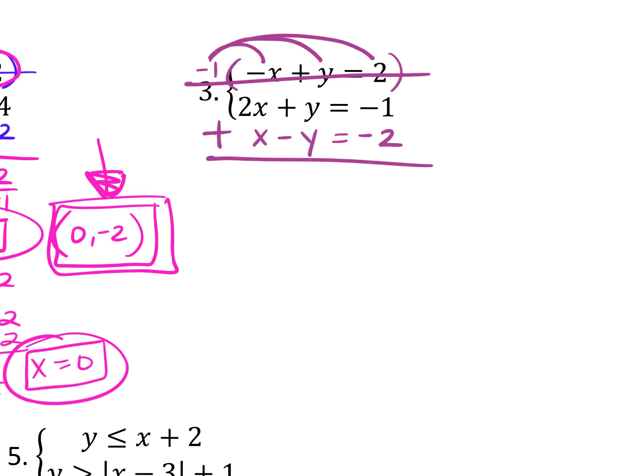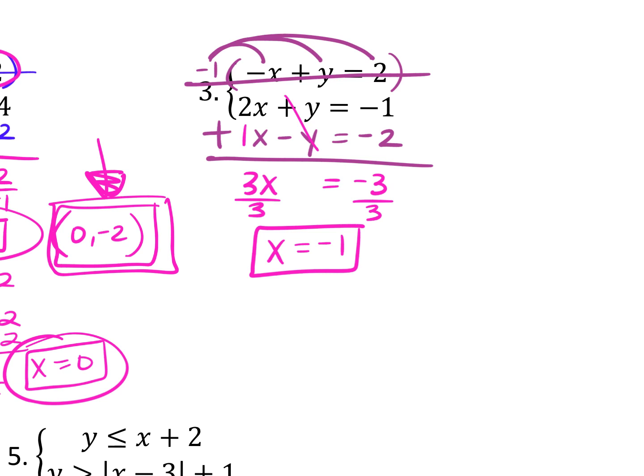So now we're going to add them together. 2x plus 1x is 3x. Y plus a negative y is 0, so that goes away. Negative 1 plus negative 2 is negative 3. And then we divide by 3. So x is negative 1. And then we're just going to plug that in to whichever one we want. I'm just going to go right here.